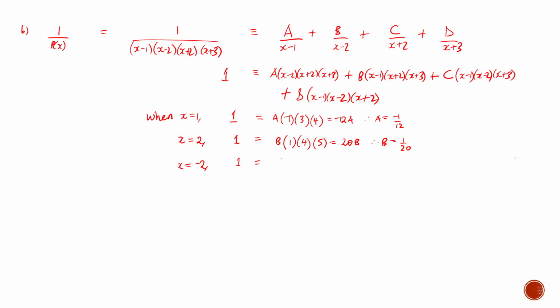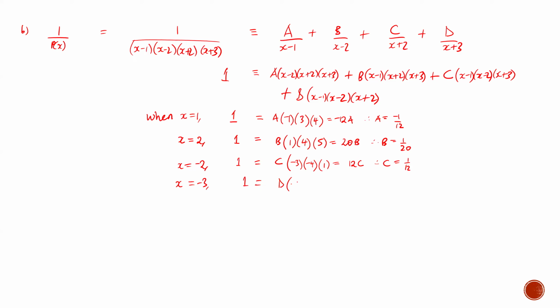We'll have 1, and only the term with c will remain, because all the others have an x plus 2. Negative 2 minus 1 is negative 3. Negative 2 minus 2 is negative 4. And then negative 2 plus 3 is positive 1. So it's going to be 12c, and therefore c is going to be positive 1 over 12. And then when x is equal to negative 3, we'll only have the term that has d in it.